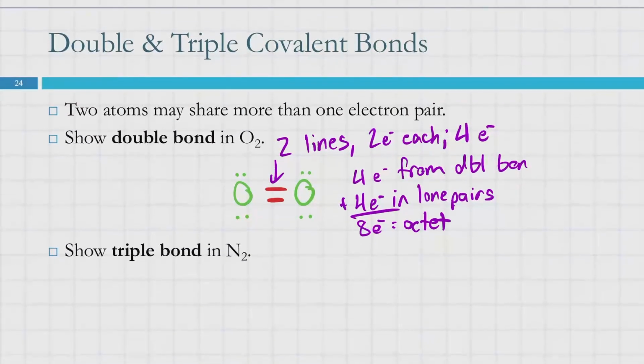We can also have a triple bond, like shows up in N2. So they get a triple bond and 1 lone pair.